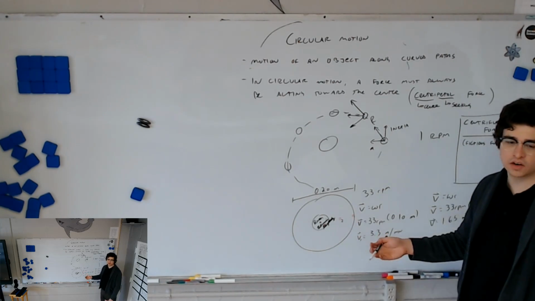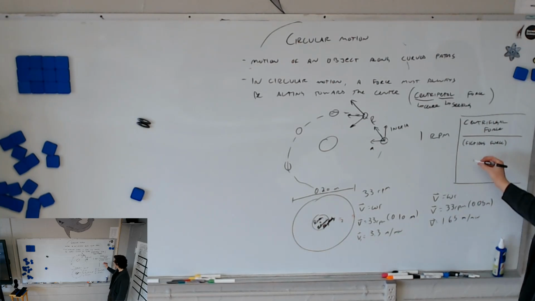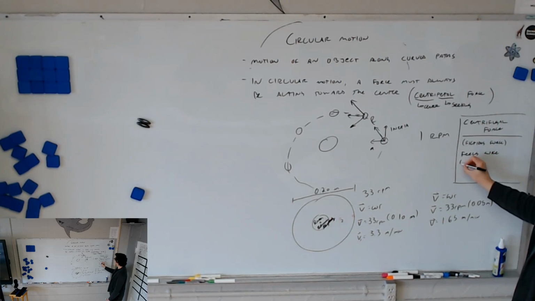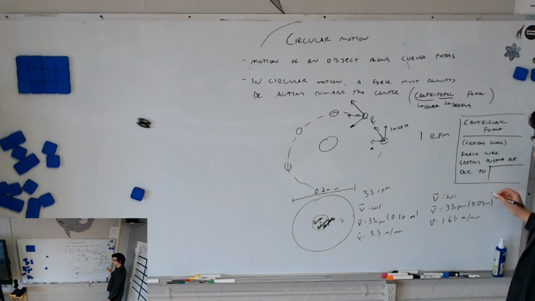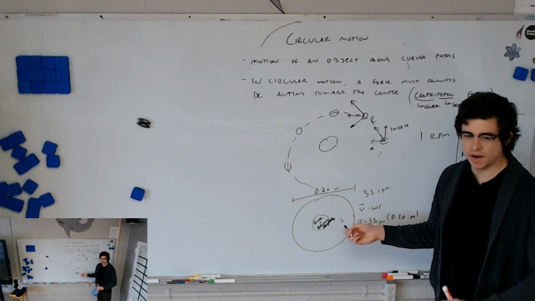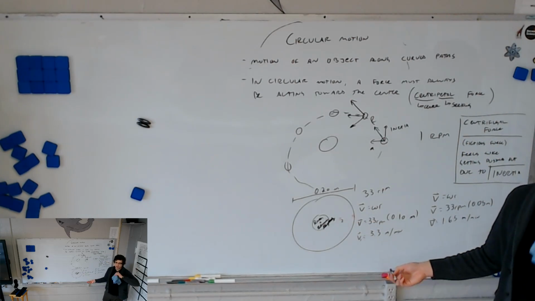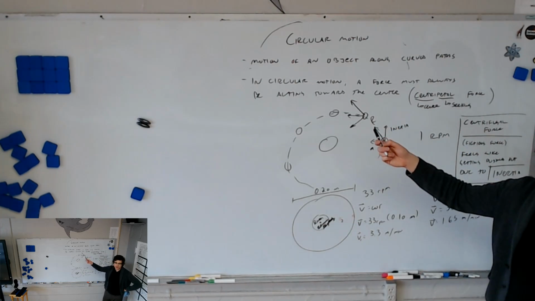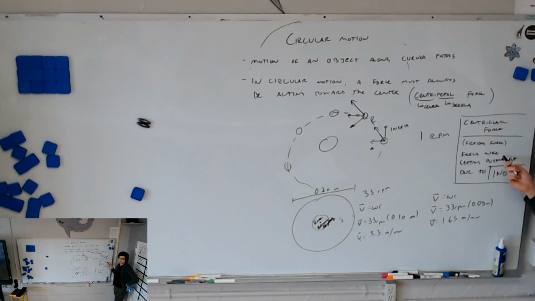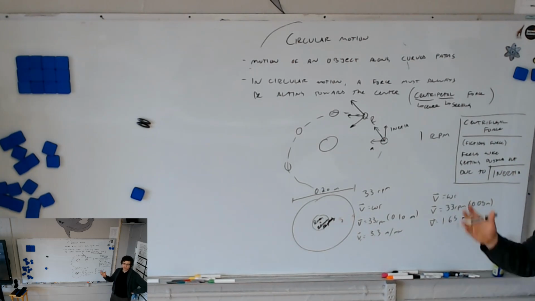It feels like you're getting pushed out. Let's see if you can get it in one word. Inertia, yeah. Because at every given second, if the record player were to stop, the ladybug would fly off in a tangent line. So it's the inertia of the ladybug that makes it feel like it's flying off, right?